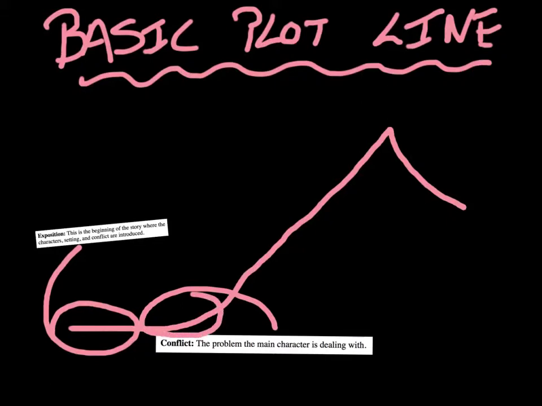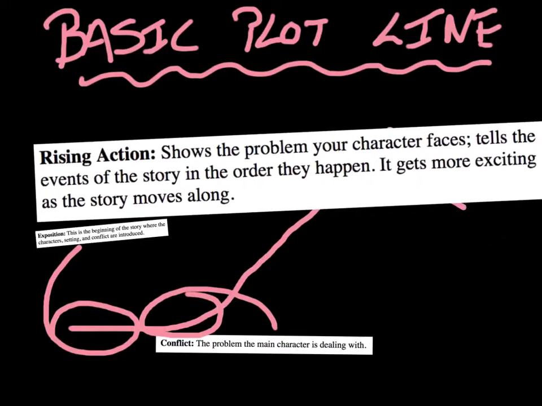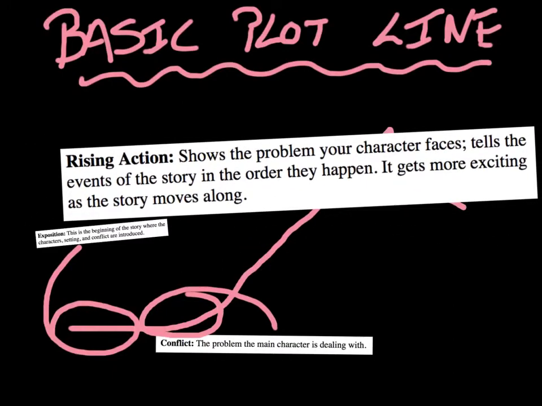And that brings us to the rising action of the story. The rising action, as you can read here, shows the problem your character faces. And you've already been introduced to this a little bit right after the exposition, and then it gets into telling the events of the story in the order they happen. It gets more exciting as the story moves along.